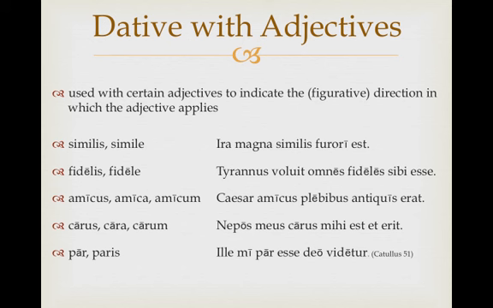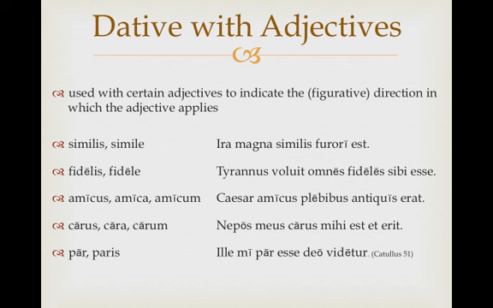Okay, so dative with adjectives is used with certain adjectives to indicate the figurative direction in which the adjective applies. Some common adjectives that will take this dative are similis, simile, fidelis, fidela, amicus, amica, amicum, carus, cara, carum, par, parus.